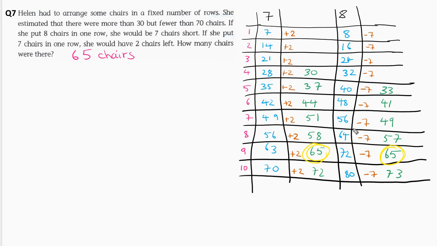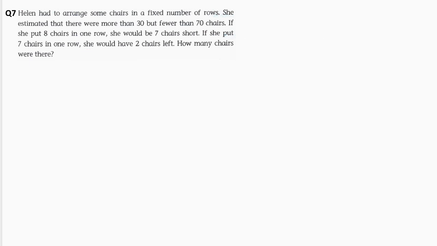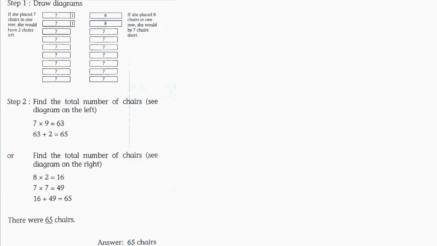what would happen if we were going to use a bar model, because the answers that I have given you show an interesting bar model. Let's have a look, see if I can get this to move. There we go. So if you look in the answer book, you will have seen this diagram.